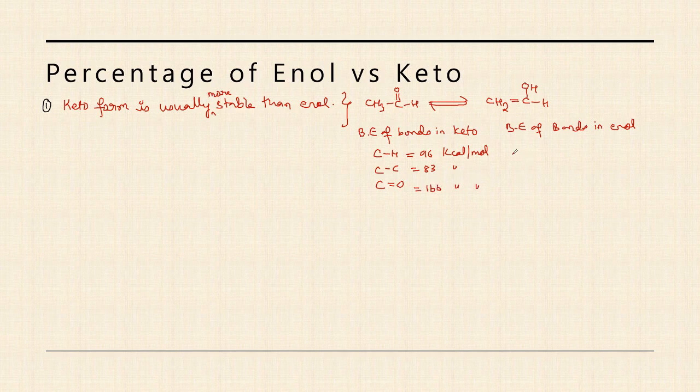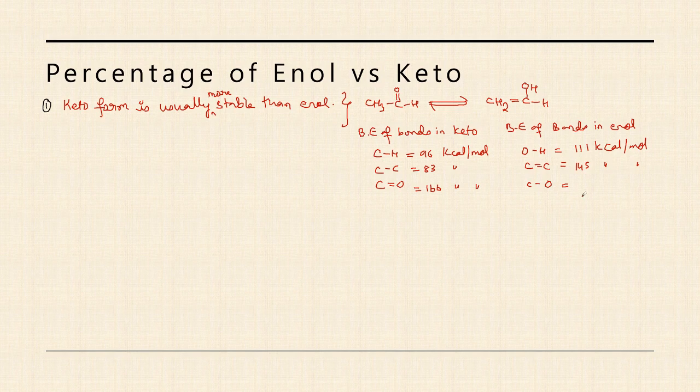Whereas it changes to OH bond in enol, it changes to C double bond C in enol, and it changes to C single bond O in enol. O single bond H has a bond energy of 111. C double bond C has 145.